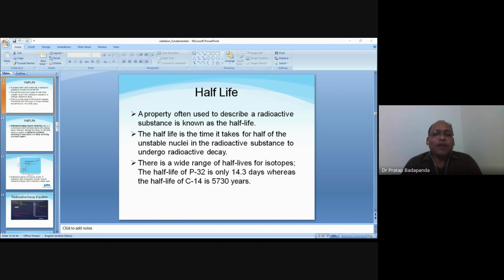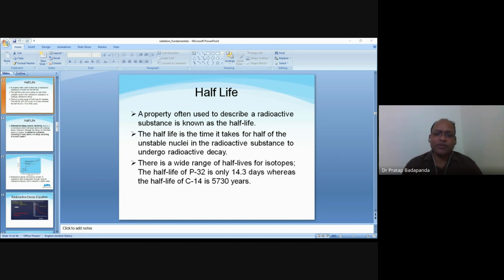The half life of P32 is only 14.3 days, whereas the half life of C14 is 5730 years. That's why C14 has little impact.